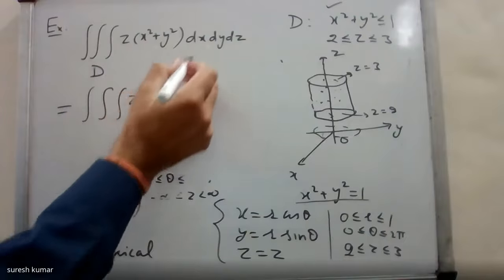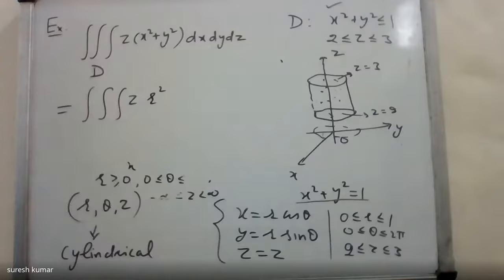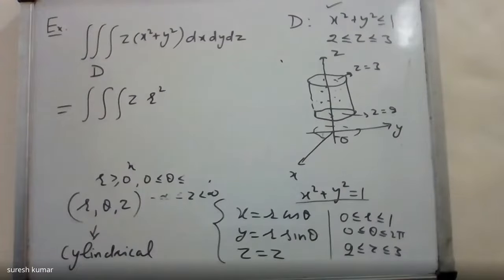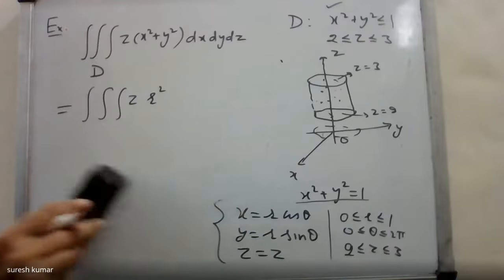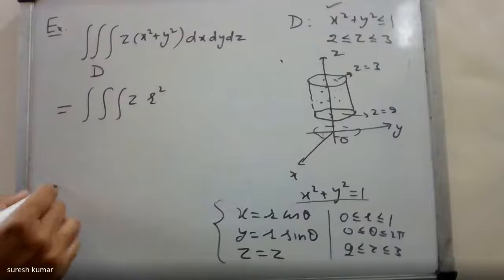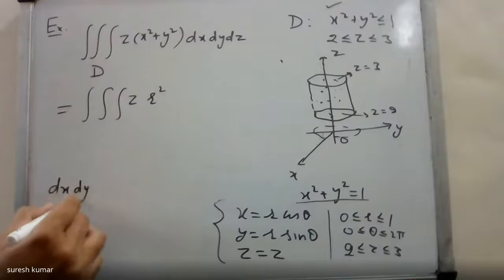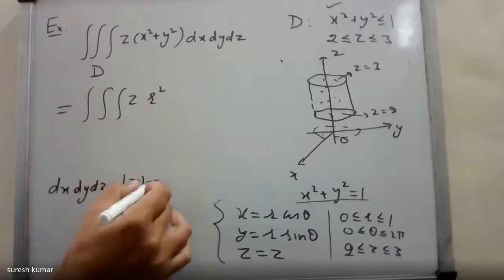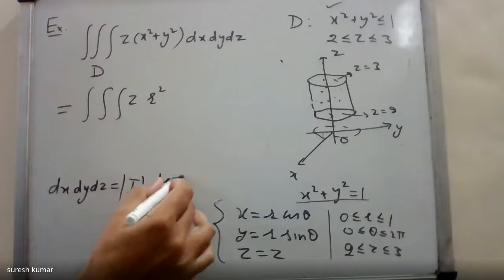Yes, one more thing. What is dx dy dz when you are using cylindrical coordinates? You know dx dy dz goes to the Jacobian times dr d theta dz.